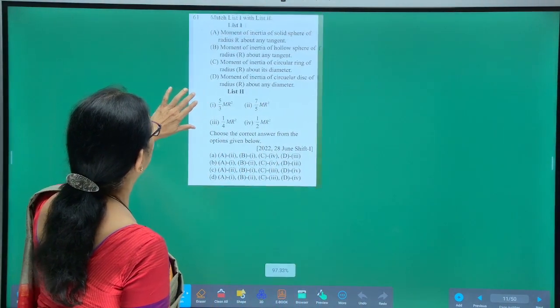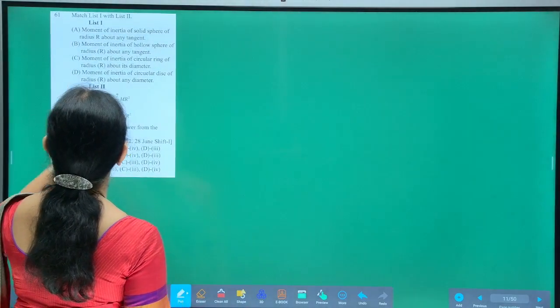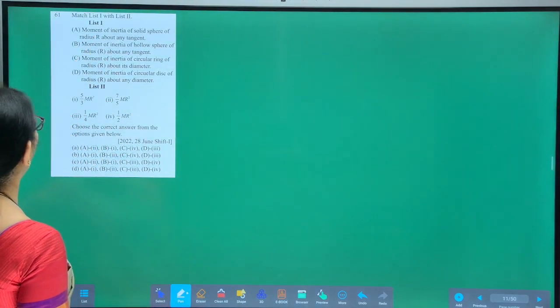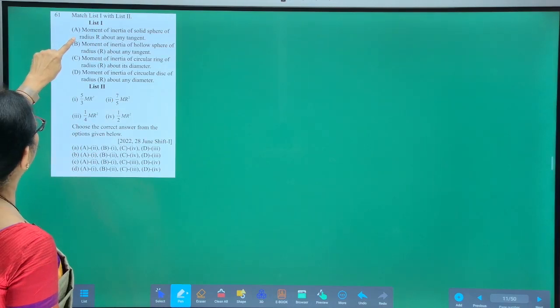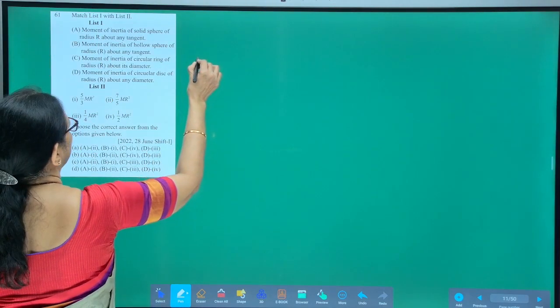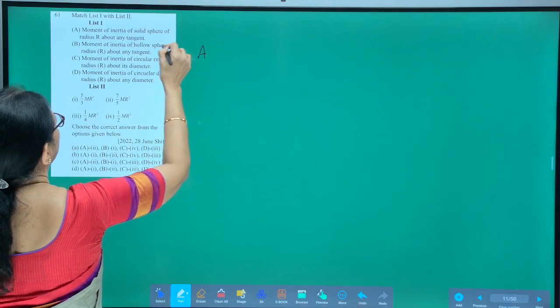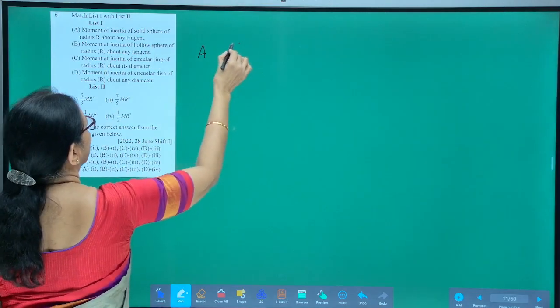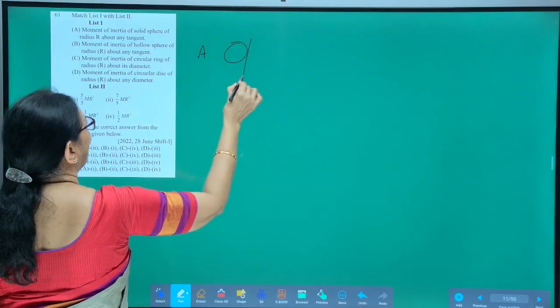Match list 1 with list 2. The moment of inertia of a solid sphere of radius r about any tangent.